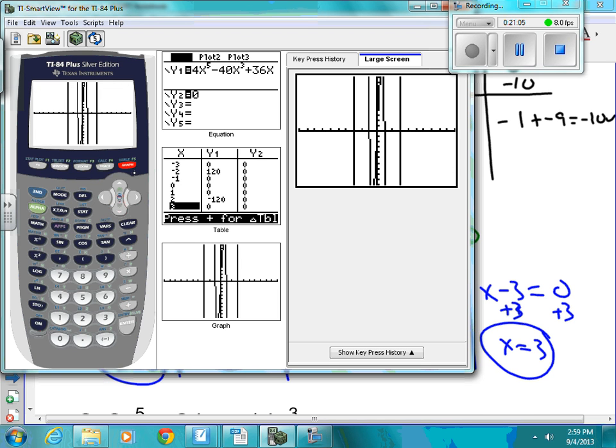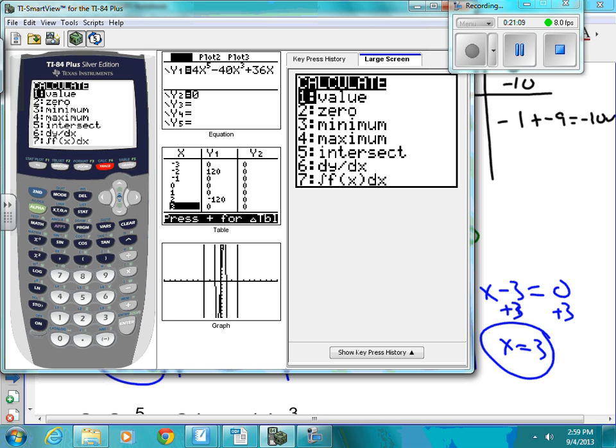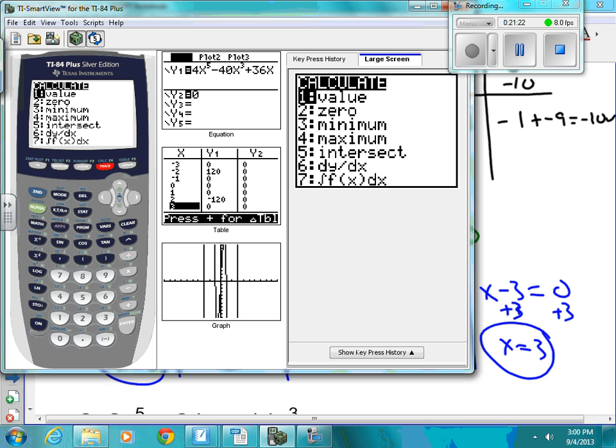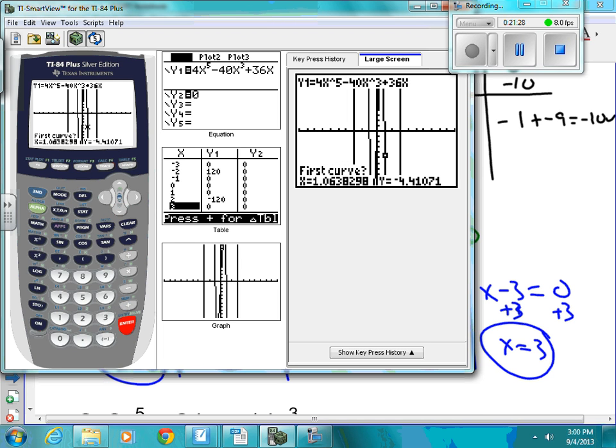From the graph, we can go to second trace and just plug in our values. I'm not going to plug in all, but let's plug in positive 1. Y is 0. So we could go through and try all of them that way. We can also find the zeros, since we put y equals 0 into our equation, we can go to intersect and we can find the zeros that way.